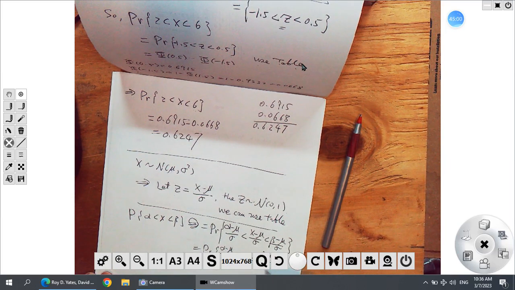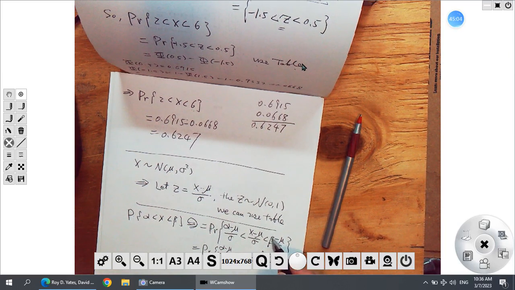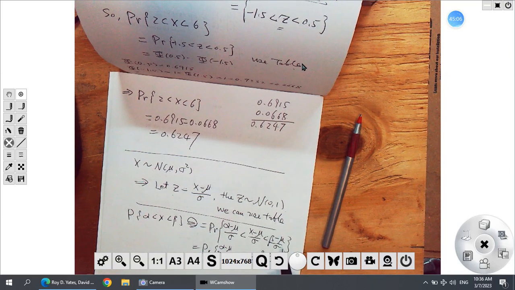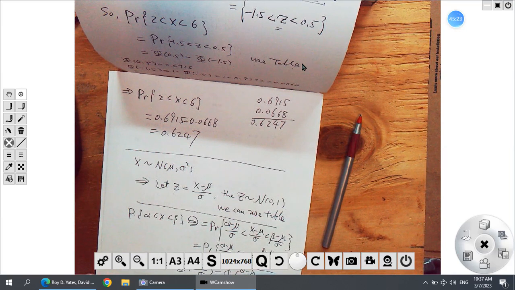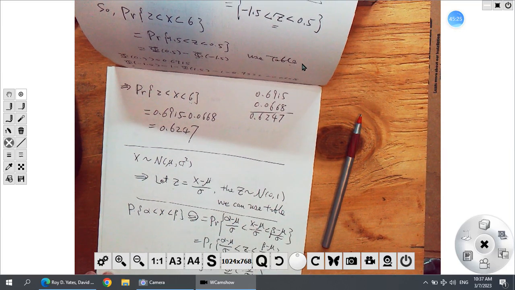These are also some numbers. Here I just put letters; when you know alpha, beta, mu and sigma, they are values. Then this will be phi of beta minus mu over sigma minus phi of alpha minus mu over sigma. That's it.